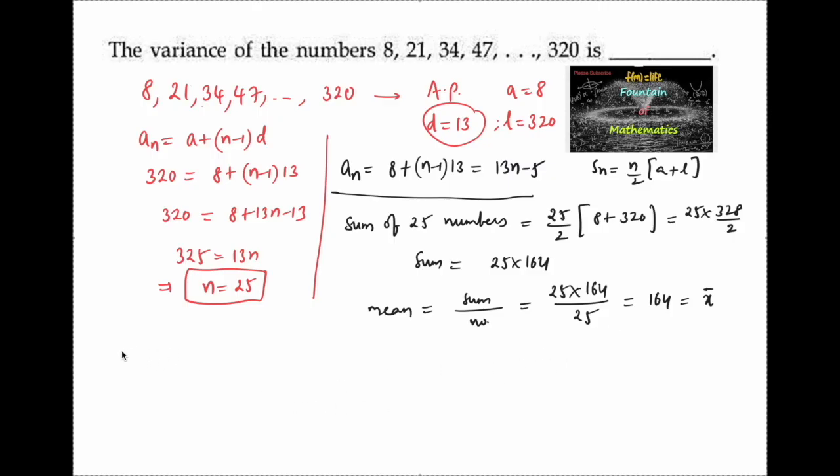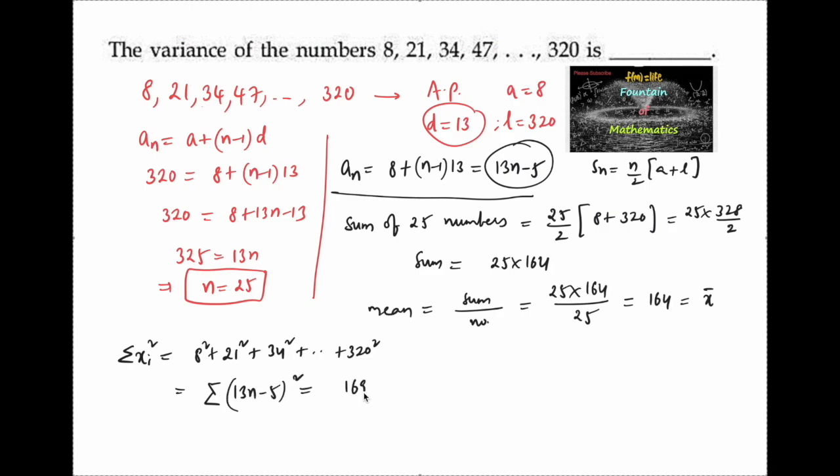Now to calculate the variance, we need summation x square, that is 8 square plus 21 square plus 34 square and so on up to 320 square. So this is nothing but the summation of (13n minus 5) whole square, which is equal to 169n square minus 130n plus 25 summation.